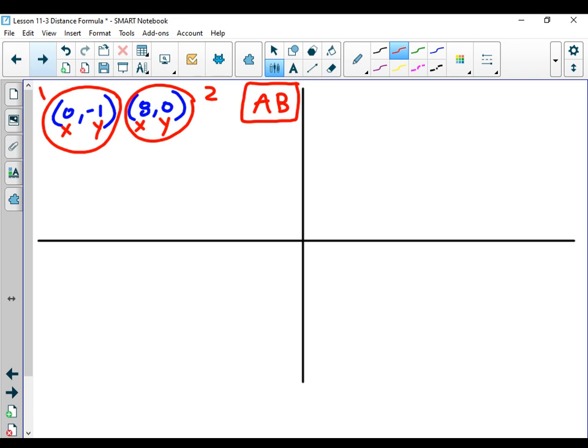So I find the X from group 2 and the X from group 1. And I find the Y from group 2 and the Y from group 1.